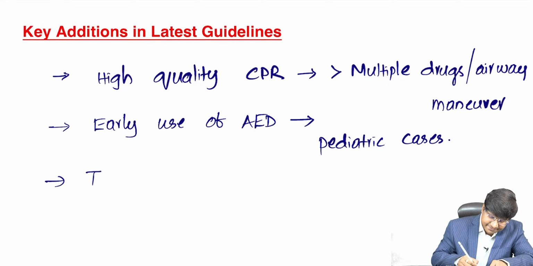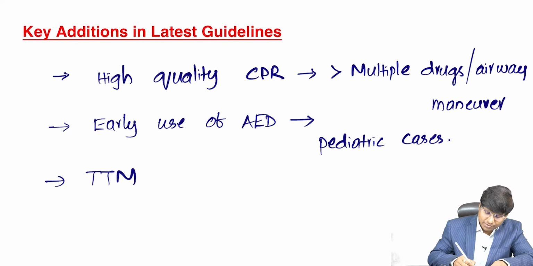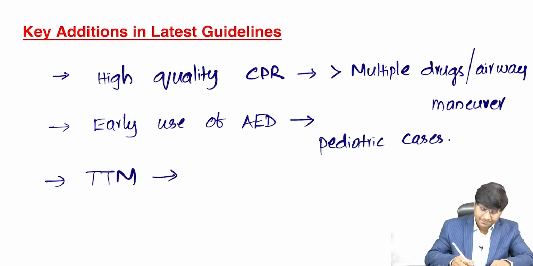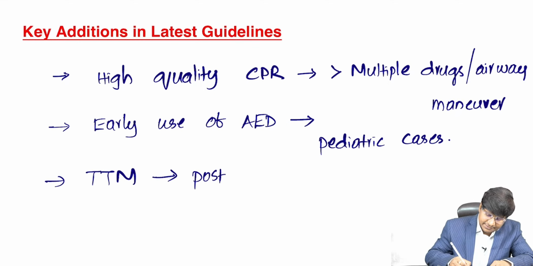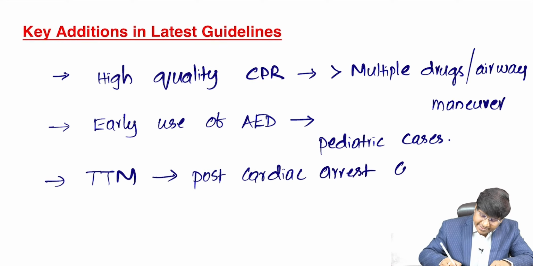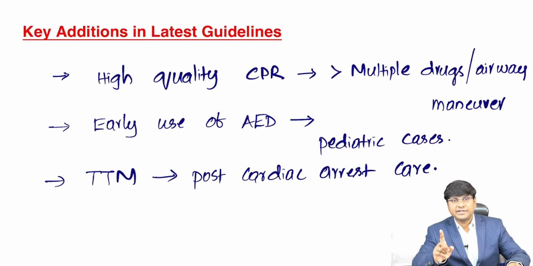And next is TTM, targeted temperature management, included in the post cardiac arrest care. What temperature has to be maintained is what we have discussed: around 32 to 36 degrees centigrade for nearly 24 hours.